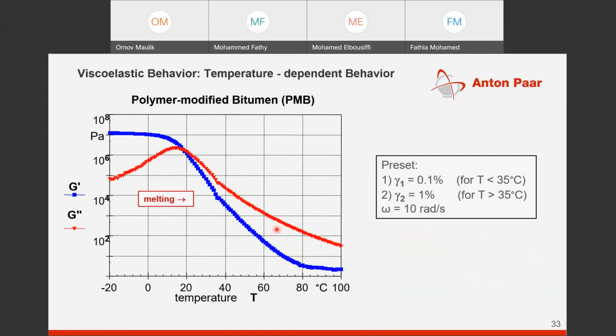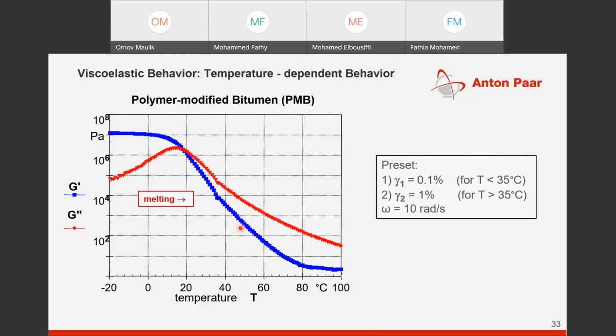Another example is polymer modified bitumen. Bitumen is definitely a material which is very sensitive to temperature, and even a fraction of change in temperature may change some viscoelastic property in the bitumen. So whenever you are testing a bitumen sample, it is really very important to make sure that the temperature you have chosen is also the temperature of your sample.